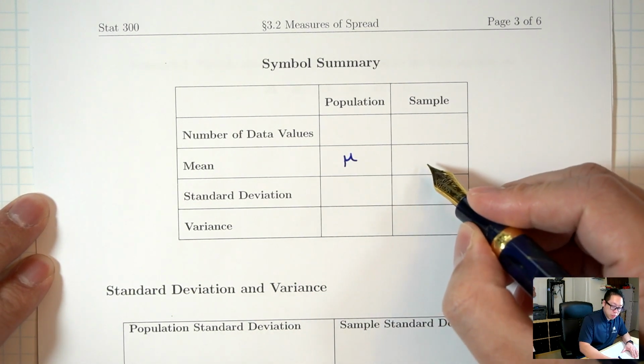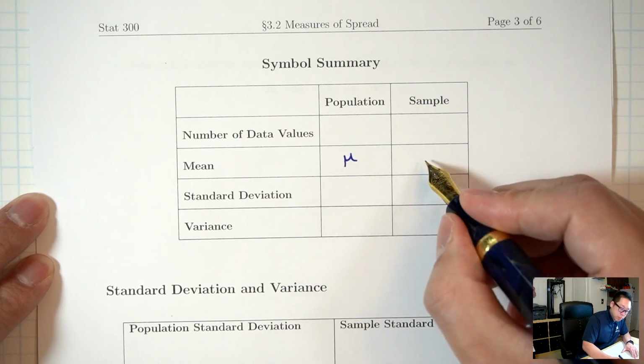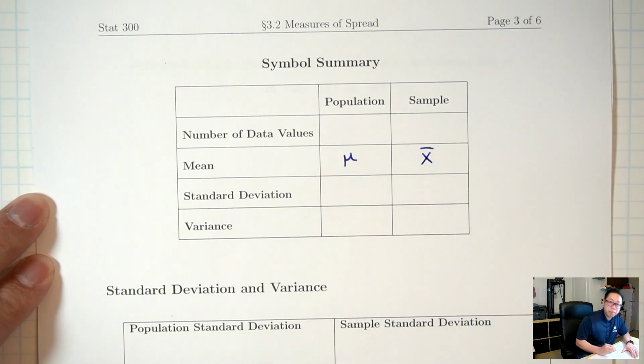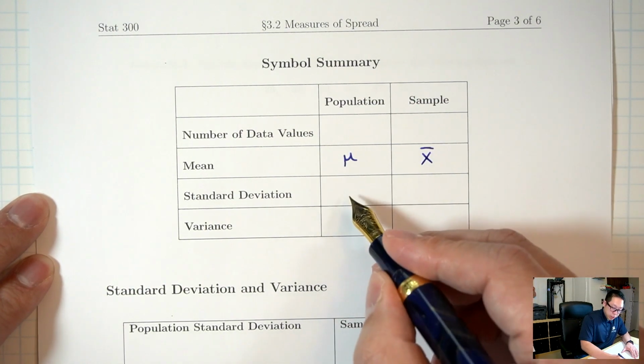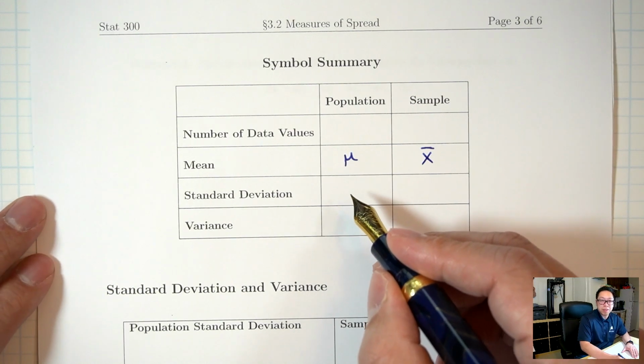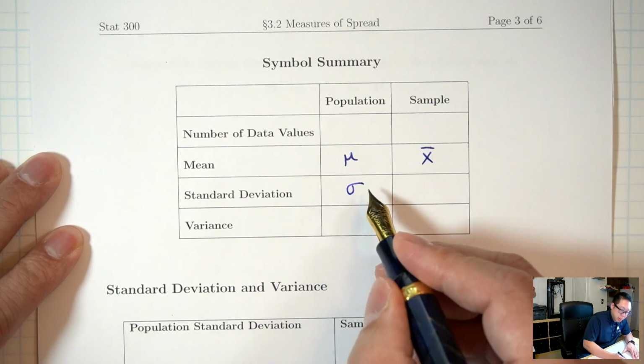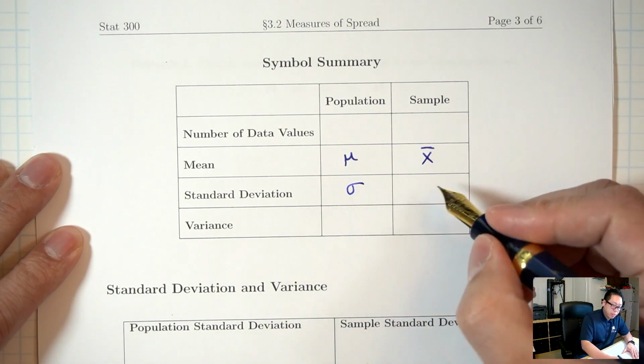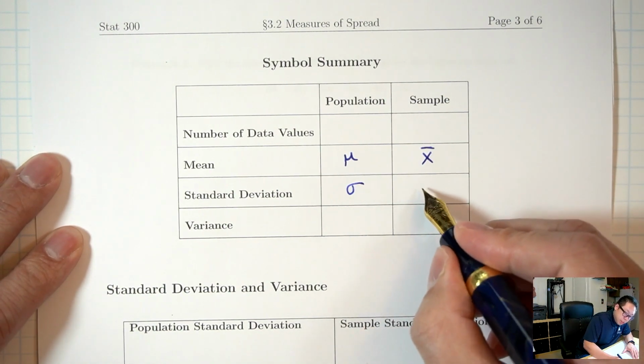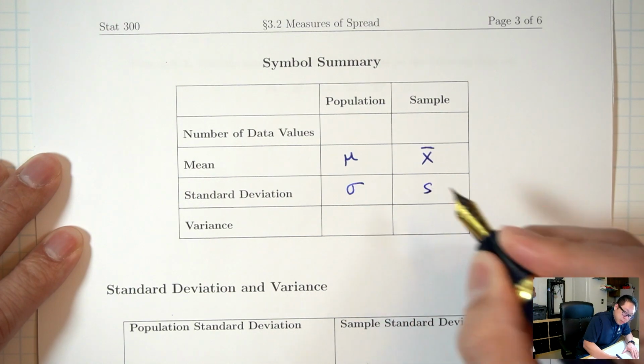If you did the calculation on a smaller subcollection, the symbol is x bar. For standard deviation, the population symbol is sigma, the Greek letter sigma. If you did it on a sample, it's a lowercase s.